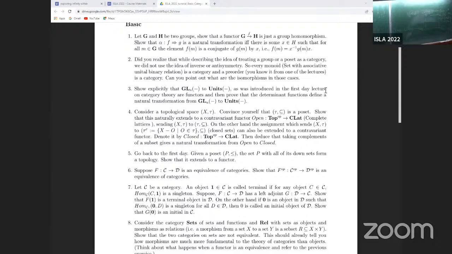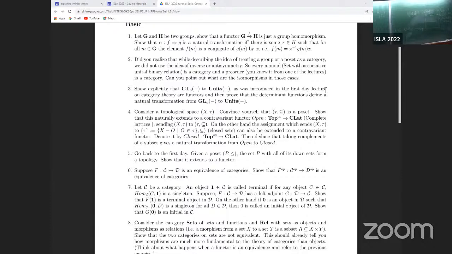Aditya Gupta. Neha Gaur. Hello. Yeah, Neha. Sir, I'm trying question number 7. I think I can do it. Yes. Okay, so can you tell me what is the terminal object in the category of sets? It's the empty function.